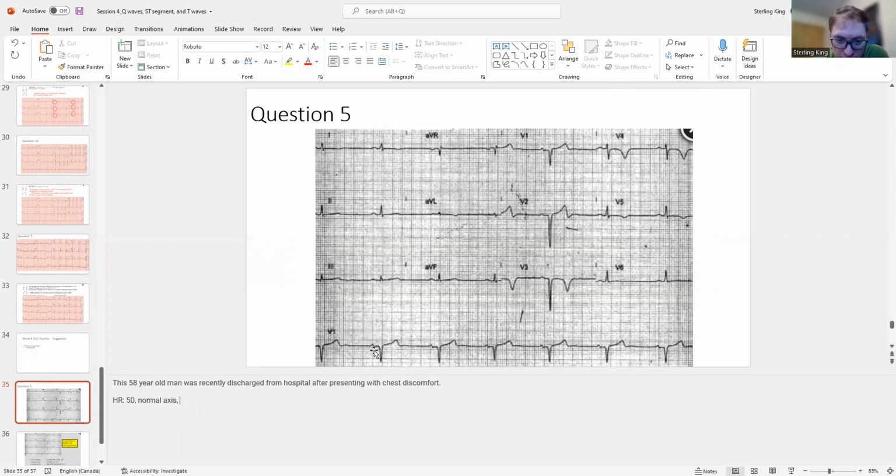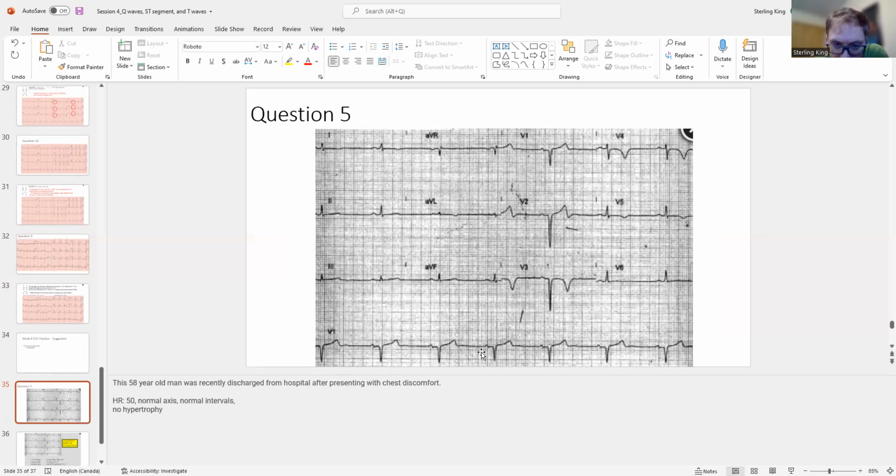So intervals, it looks pretty normal. QRS looks narrow, QT is less than half, so normal intervals. Hypertrophy, not apparent. Straight through axis, rhythm, intervals. I kind of jumped one there.